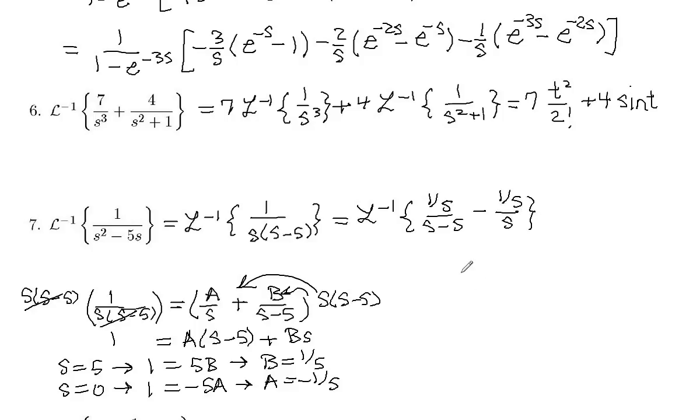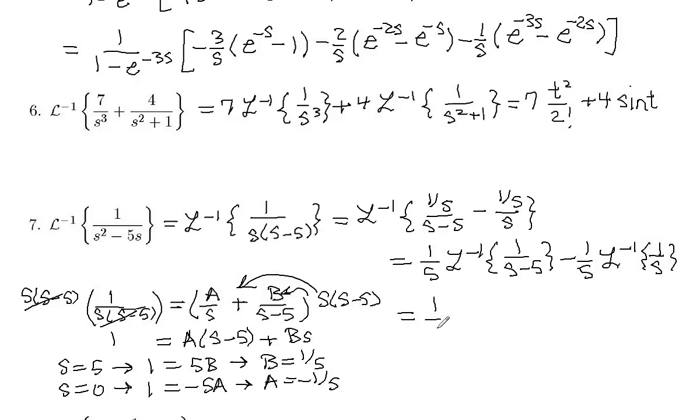And then transform's linear, so we can break it apart, take the transform of each piece, and factor out the 1/5. So this will be 1/5 inverse transform 1 over s minus 5 and minus 1/5 inverse transform 1 over s.